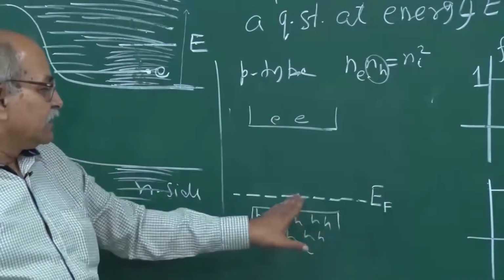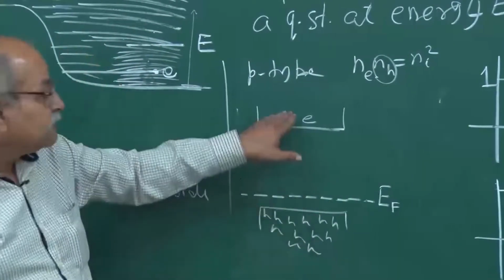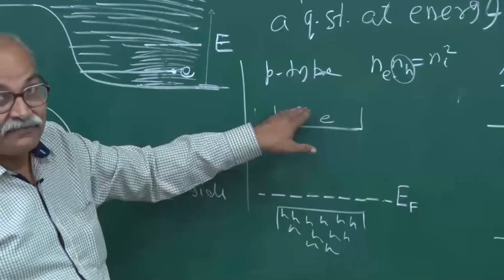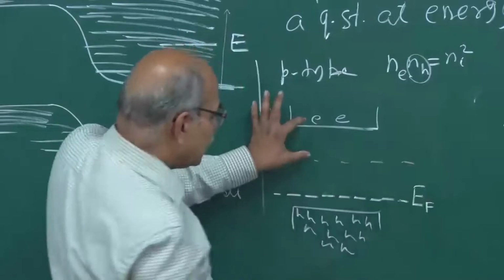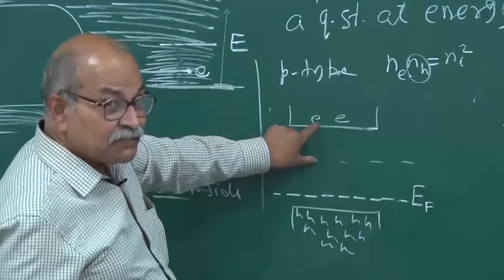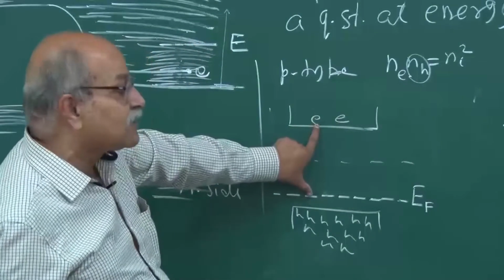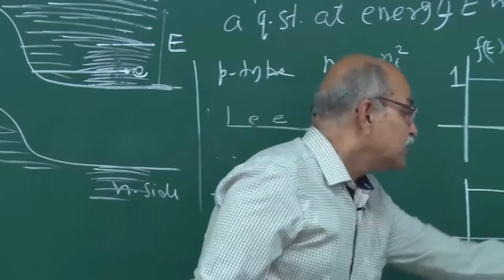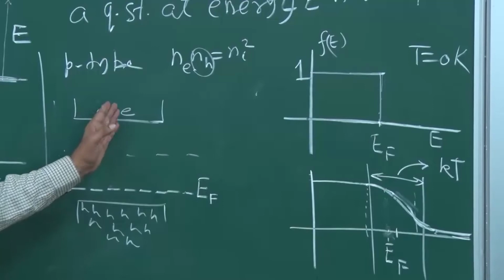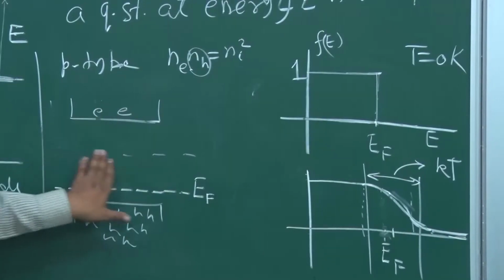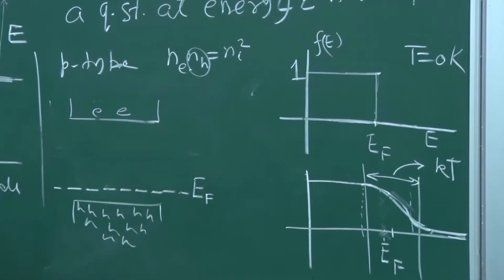In this picture, since we have gone even far away from this Fermi energy, initially the Fermi energy was in the middle, so we were this much away. Now you are this much away, so the probability has again decreased, and you have much less number of electrons here. So here the Fermi energy is like this.